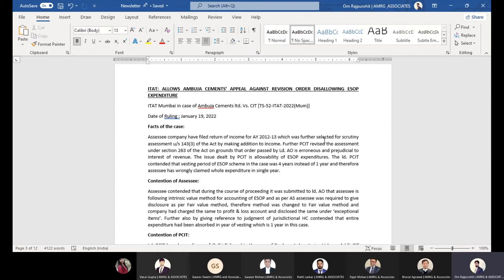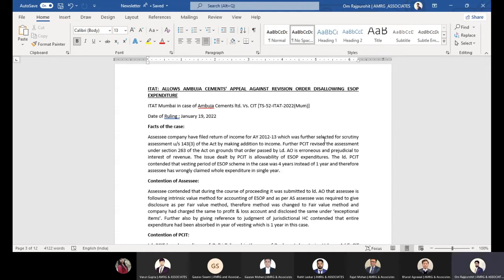In this case, the SSC company filed its return, and the case was selected for scrutiny, and the order was passed. But the PCIT revised the assessment order under section 263 on the ground that the learned AO had passed an order which is erroneous and prejudicial to the interest of revenue.